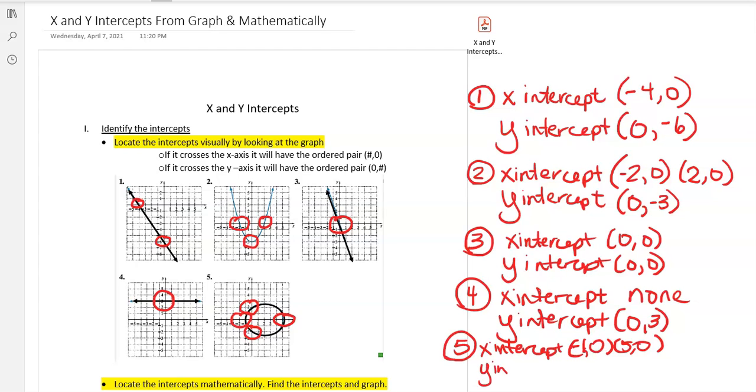And our y-intercepts at 0, 2, and also at 0, -2. So that is how you find x and y intercepts visually by looking at the graph. You just see where they cross the axis. We will move next to finding x and y intercepts mathematically.